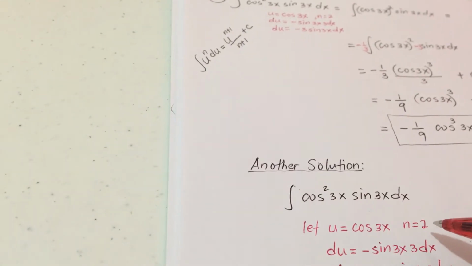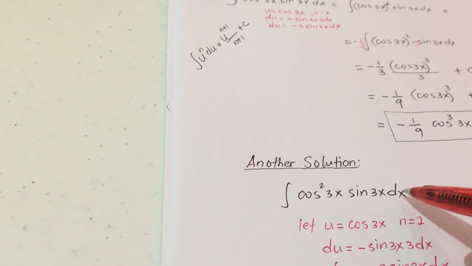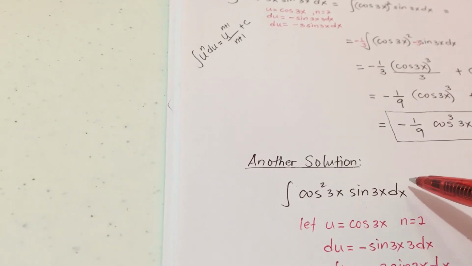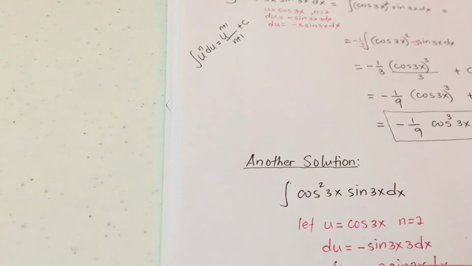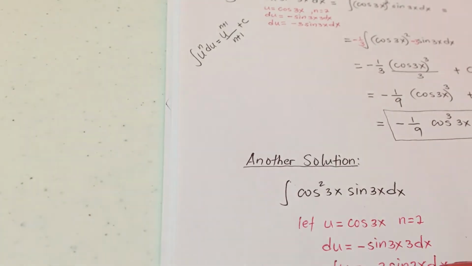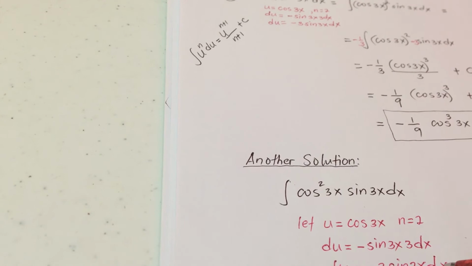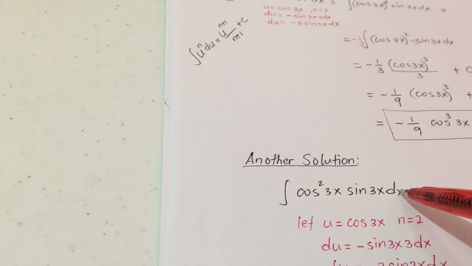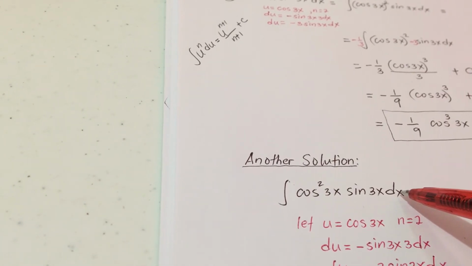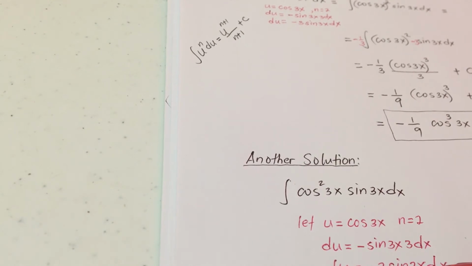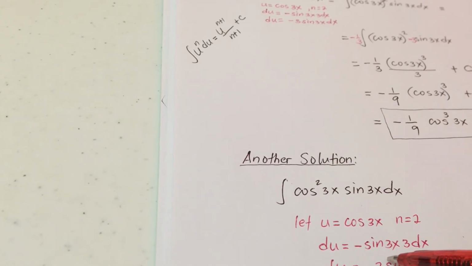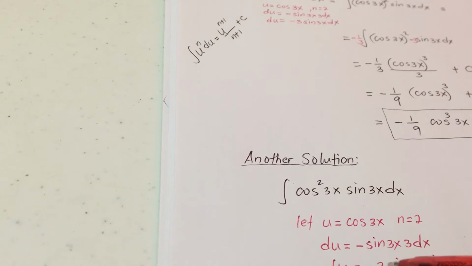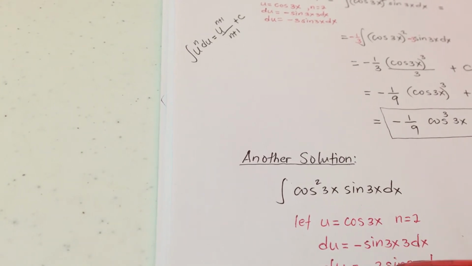Okay, so now we have to express our du in terms of dx, but we need to express our dx here in terms of our du, which is minus 3.